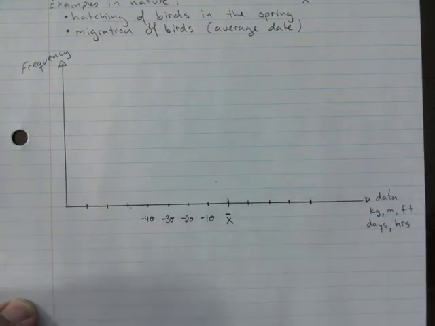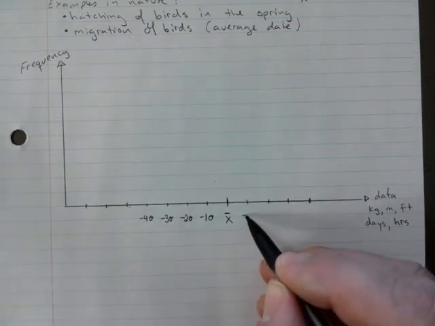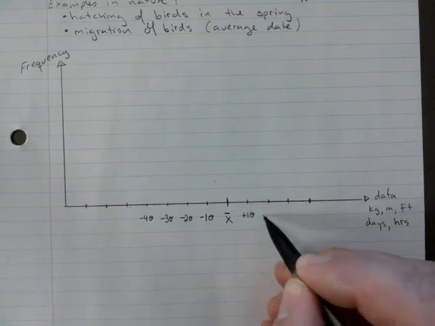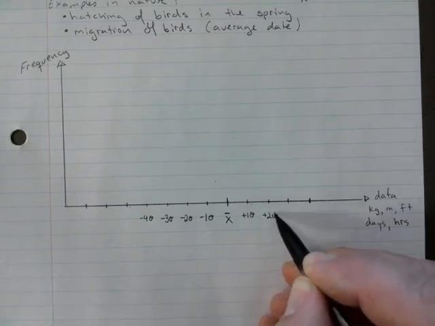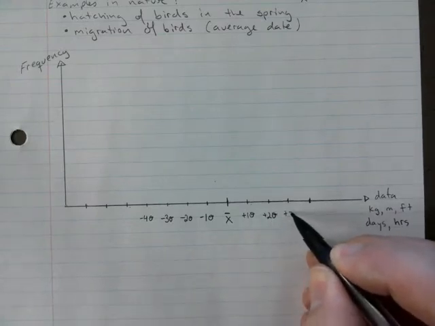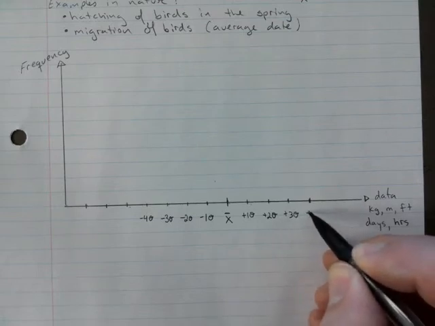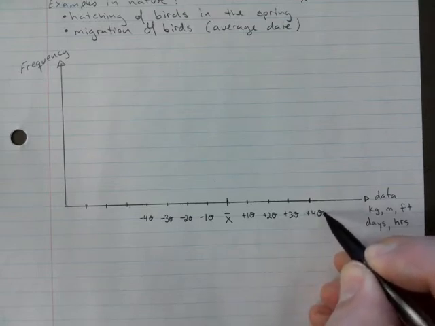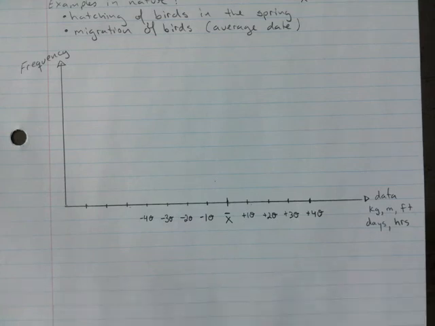We're going to stop at 4 because after that it gets really, really small. To the right, you go plus 1 standard deviation, plus 2 standard deviations, plus 3 standard deviations, and then plus 4 standard deviations. And if you need to add more marks to make this work, you do it, right?